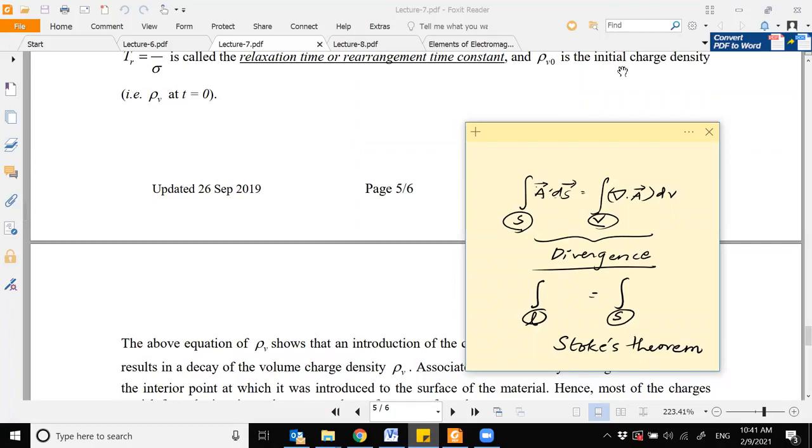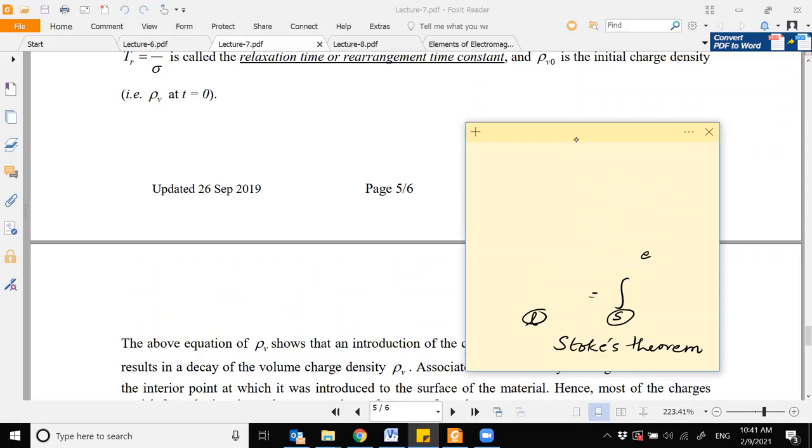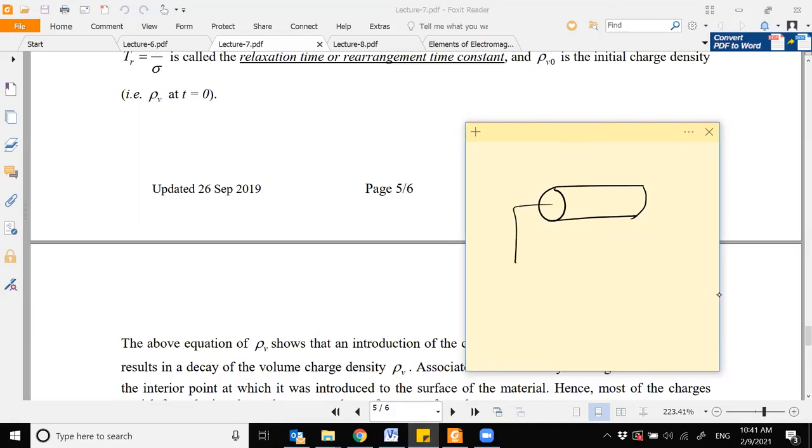So if this is my rod in equilibrium, but once it is connected to the potential difference, you are injecting more charges here.